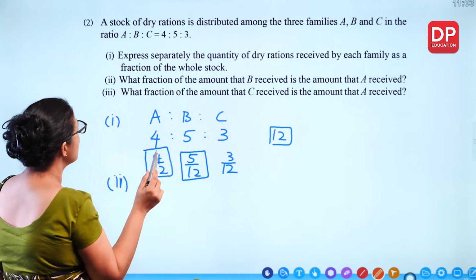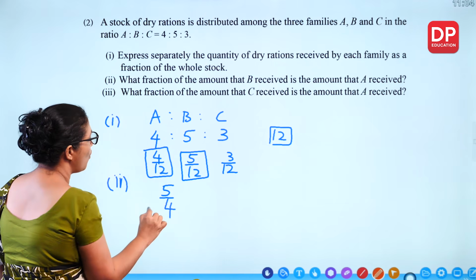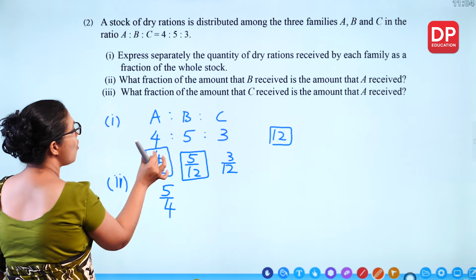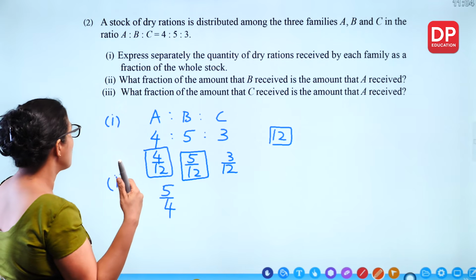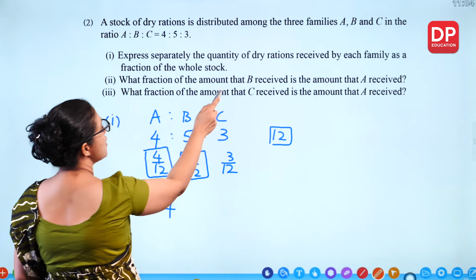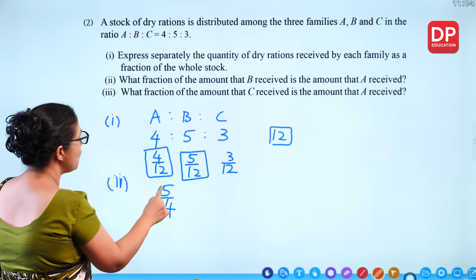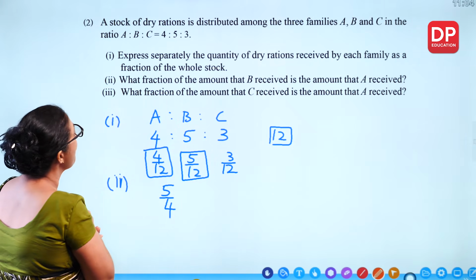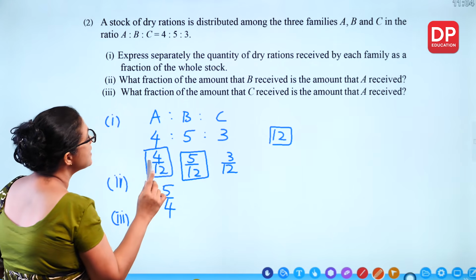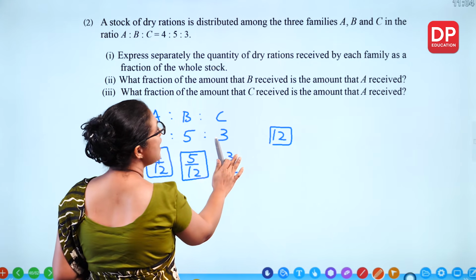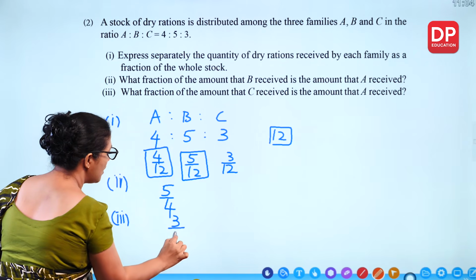So what's the fraction? 5/4. 5 parts, here 4 parts. So the denominator is the same, so it gets cancelled out. So the fraction of the amount B received to the amount A received is 5/4. What is the fraction of the amount that C received to the amount that A received? So this and this, 3/4.